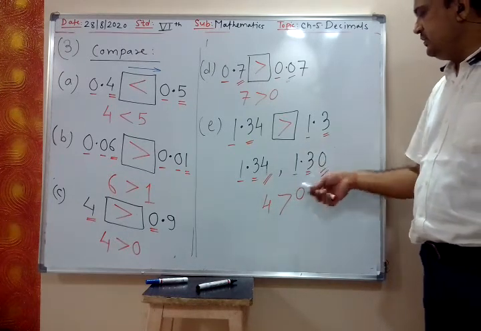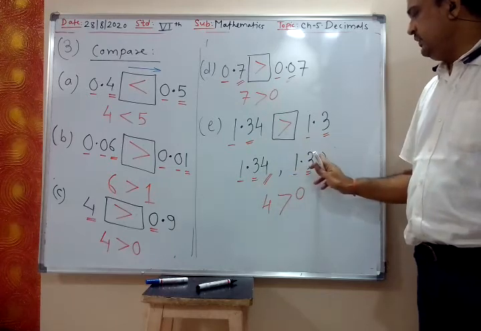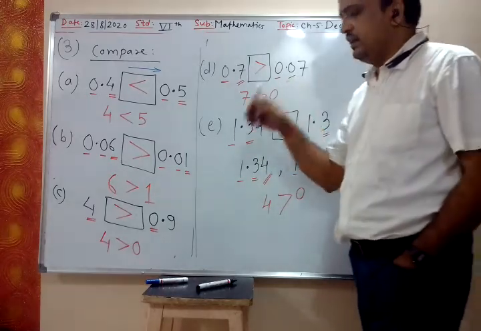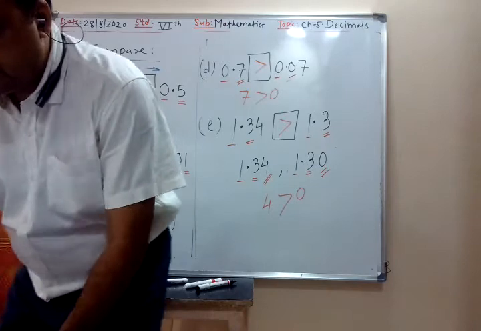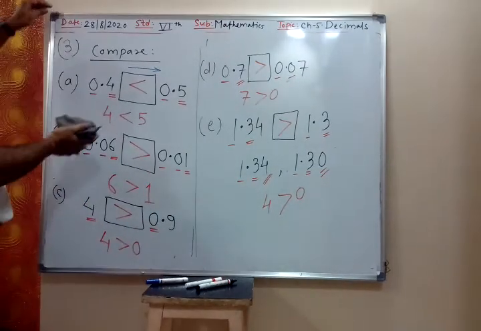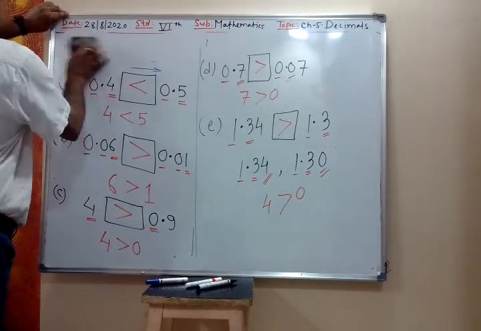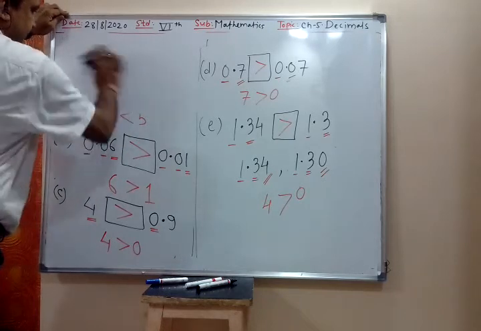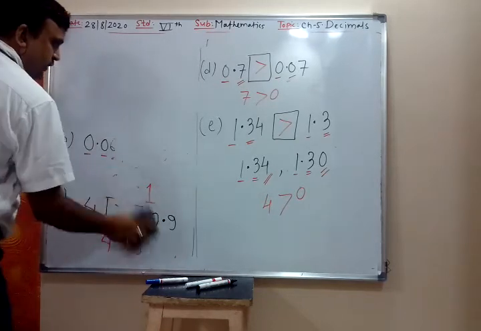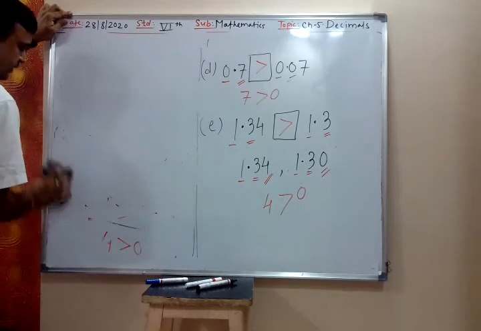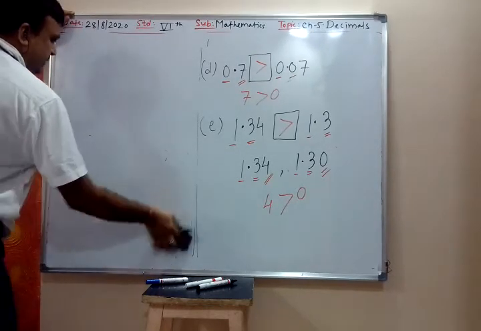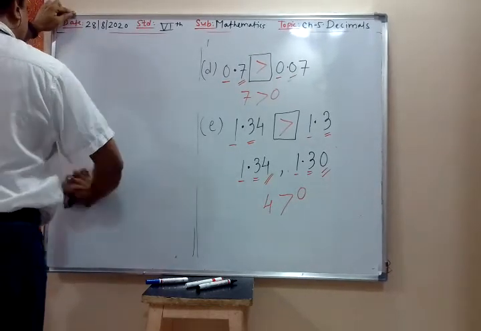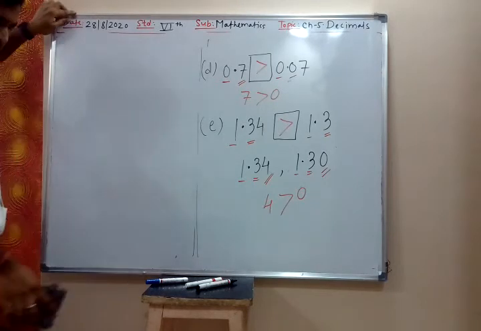So 4 is greater than 0, that is why 1.34 is greater than 1.3. So first you convert them into like decimals and then compare the digits, no problem.